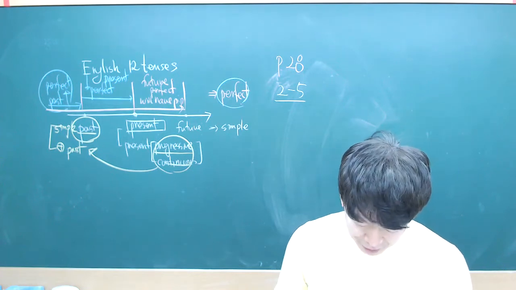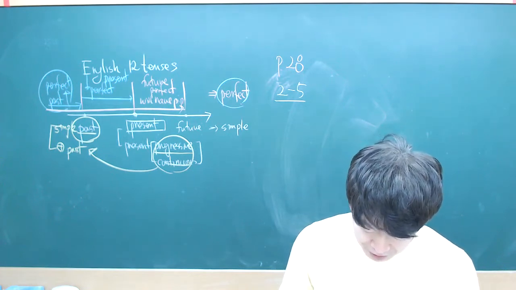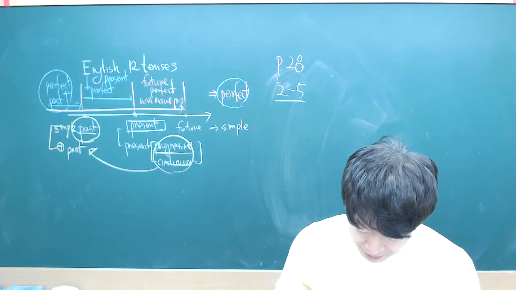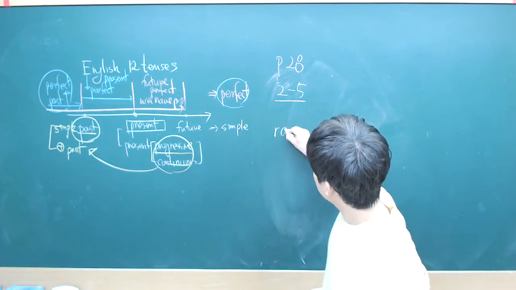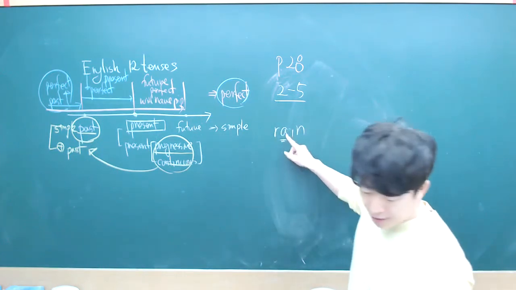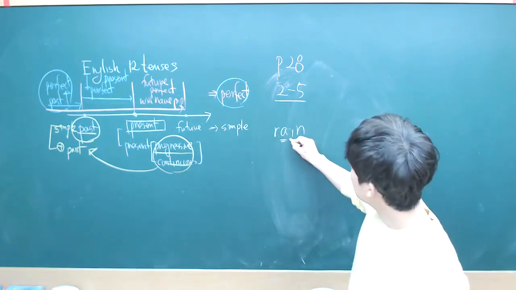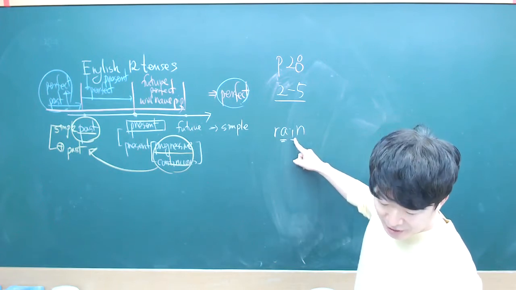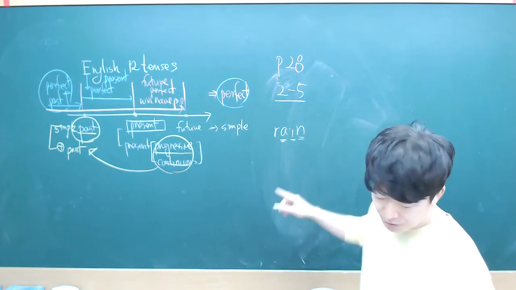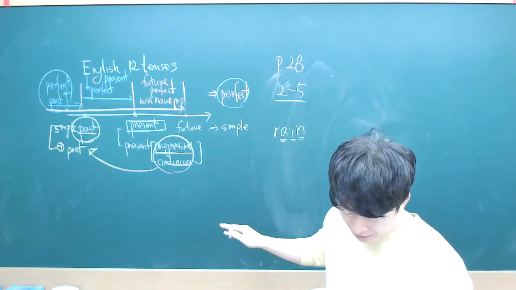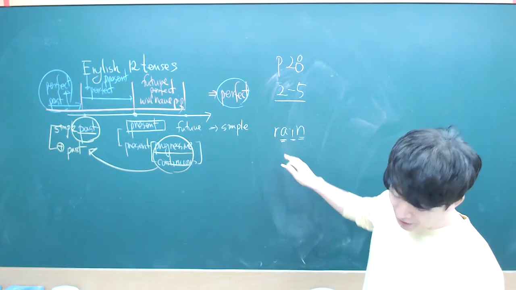In the third category, two vowels plus one consonant. Rain: A is one vowel, I is the second vowel, N is the consonant. So rain, raining, rained. It's very regular, okay?